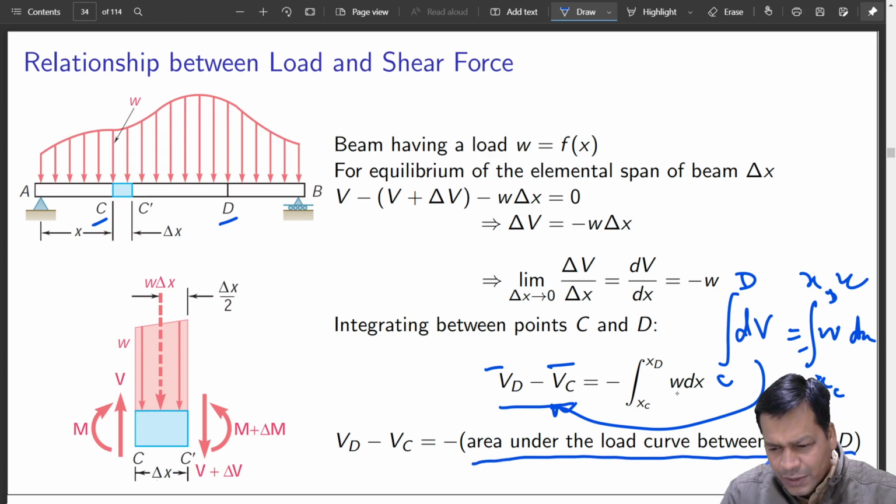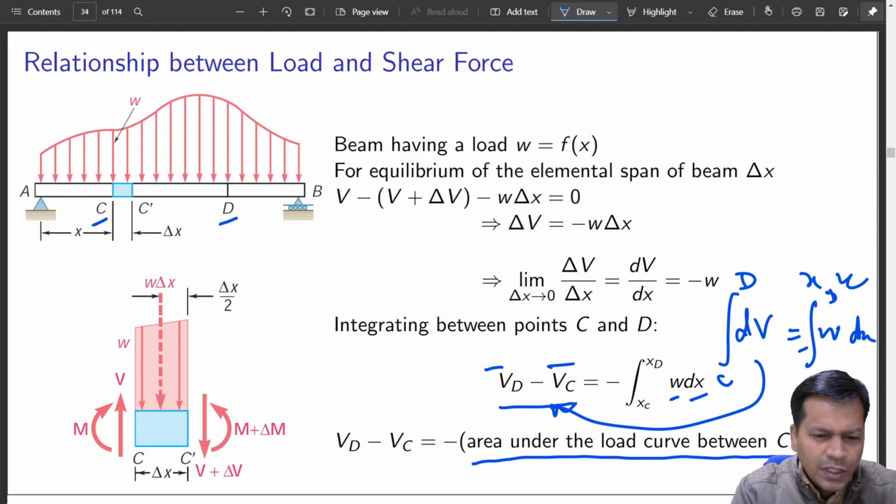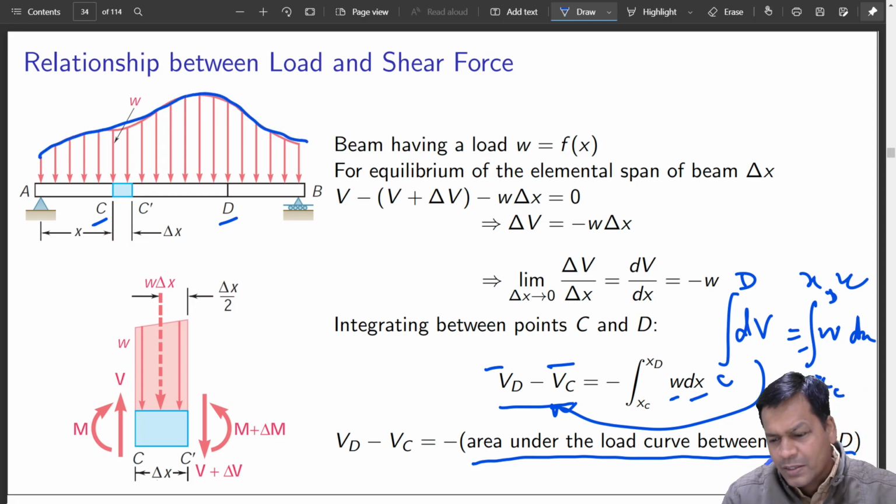What is this? This is the loading curve. W is, yes, W and x. W varies with x. W is a function of x as it is defined. So this gives you the loading curve along x. Okay. So this is exactly equal to area under the load curve between C and D.